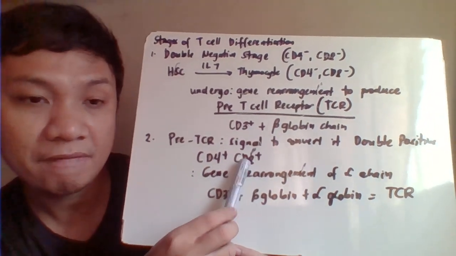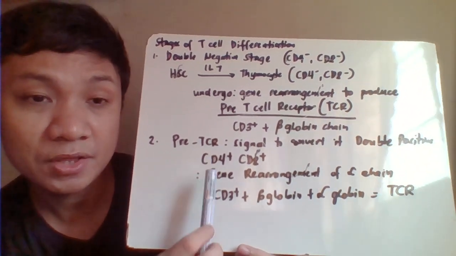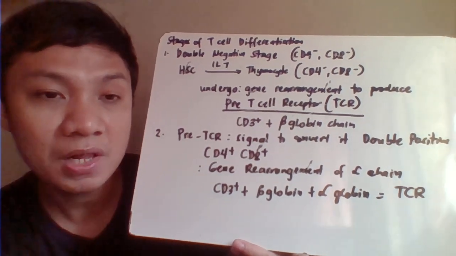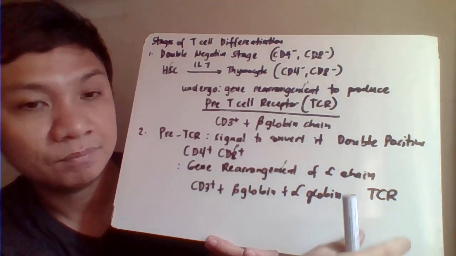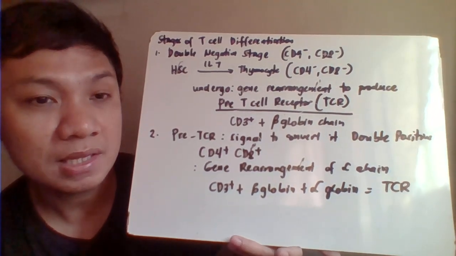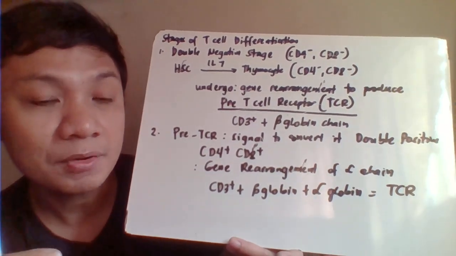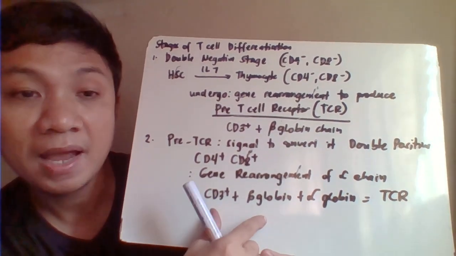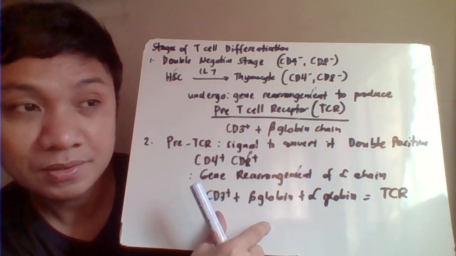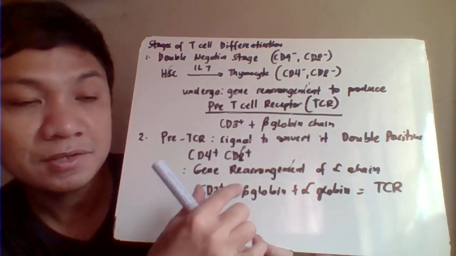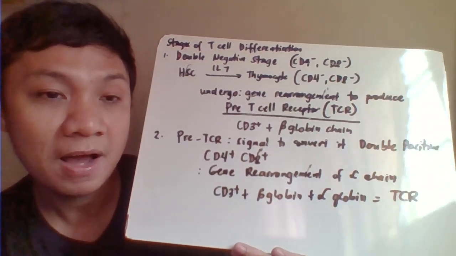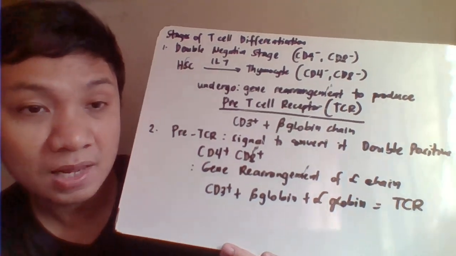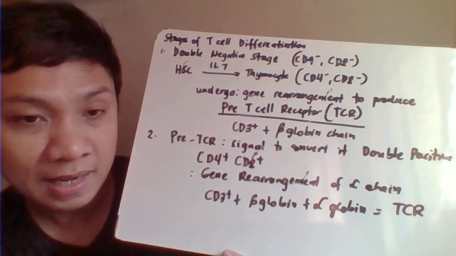Then this one undergoes another gene rearrangement for the production of your full mature T cell receptor. To produce a complete T cell receptor, your CD3 plus beta chain, you need to combine your alpha chain. Once your CD3 plus your beta chain plus your alpha chain combine, that becomes your T cell receptor, which is already a mature and complete T cell receptor. So this is the receptor of our T cell.